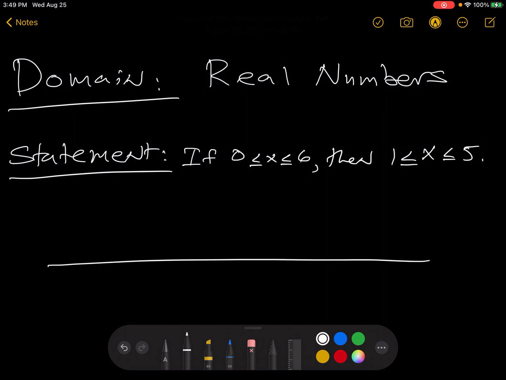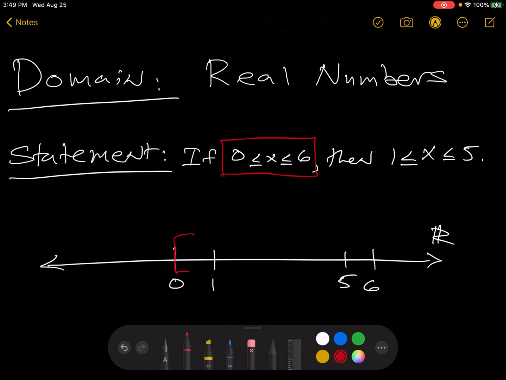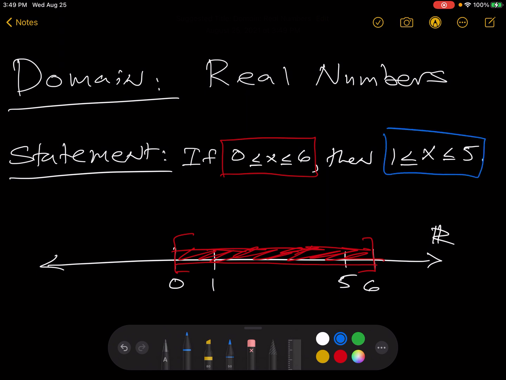Again, you could figure this out by drawing the real number line. Let's say this is the red now, and here's our blue.